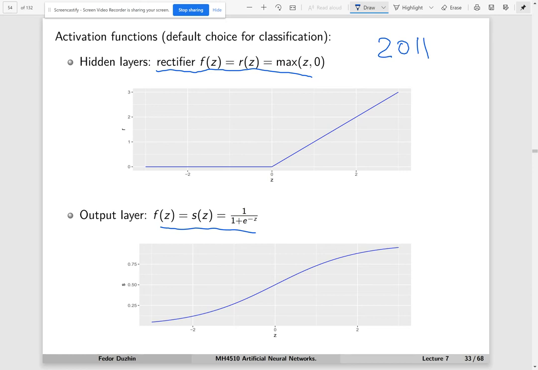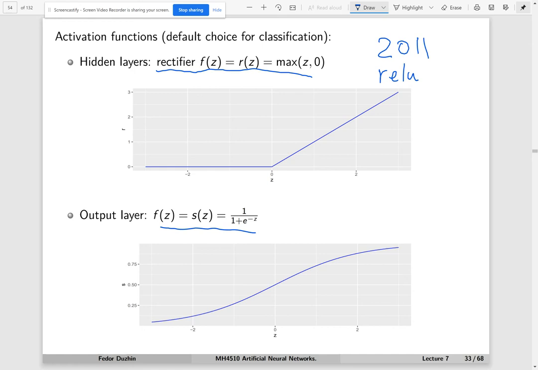The switch from using the sigmoid to using the linear rectifier, also called ReLU, rectified linear unit, together with some other clever improvements in algorithms, led to the artificial intelligence revolution, essentially. That began in the early 2010s.